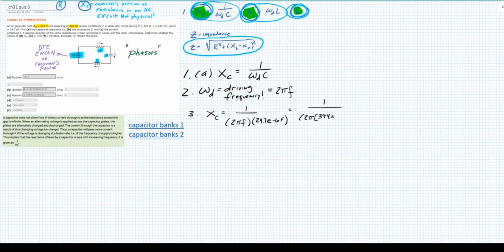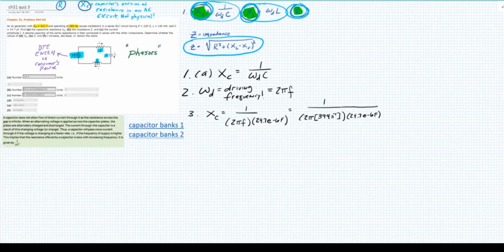Technically, the units are hertz, and a hertz is the same as a reciprocal second. So that's my driving frequency converted from a linear frequency to an angular frequency times 24.7 e minus 6 farads. I'm not doing the dimensional analysis, which is something that is very helpful.